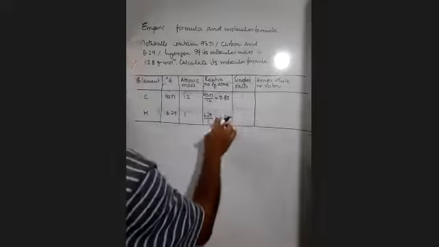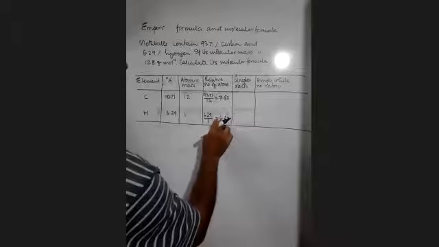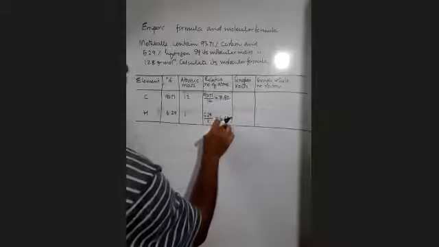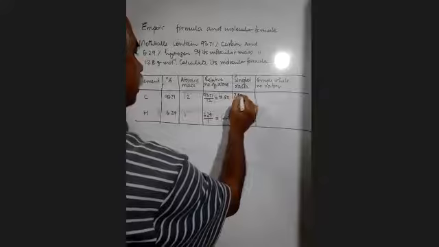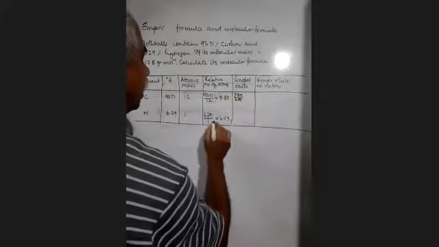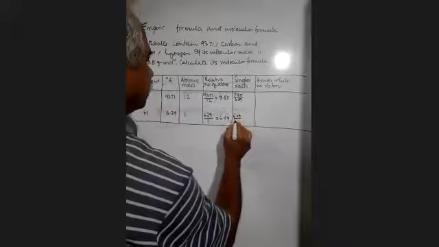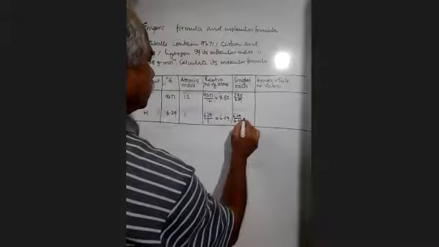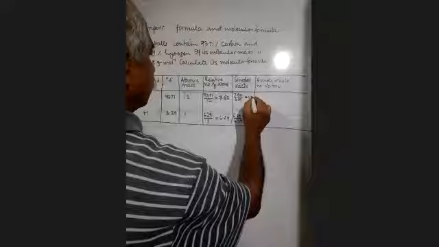Then the simplest ratio. Out of these two figures, which is lower? This one. So you will divide this by this and this also by this. So 7.80 divided by 6.29 and 6.29 divided by 6.29. So this is 1 and this is equal to 1.24.